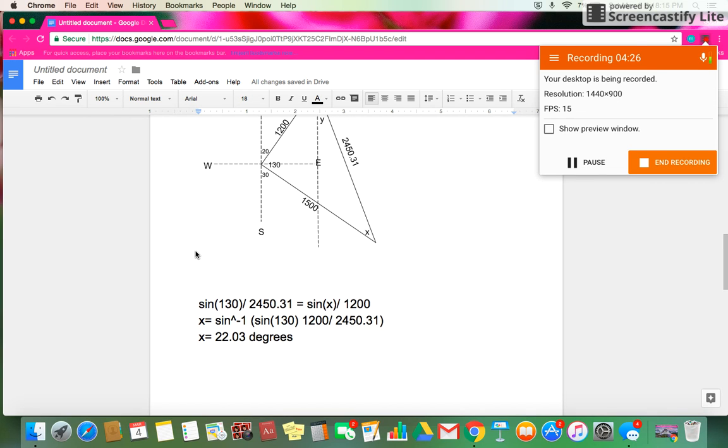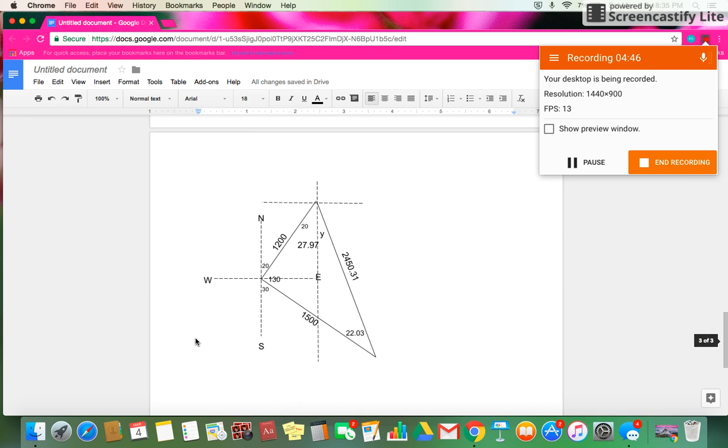Okay, so the side across from x is not 1,500, it's actually 1,200. So you're going to put that in your equation instead, and then you're going to use the inverse of sine because you're finding an angle measure, and then x comes out to be 22.03 degrees.